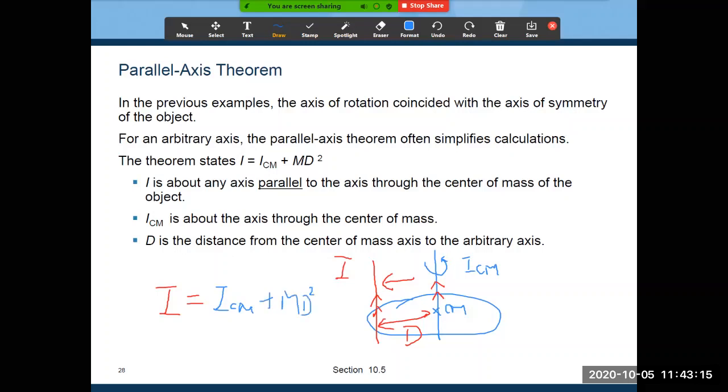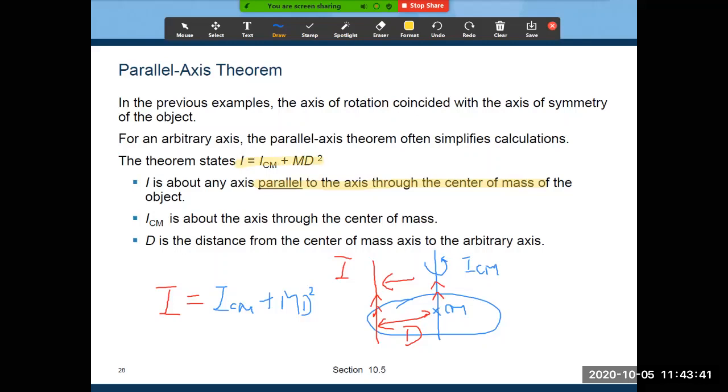M is the total mass of the object. d is the distance between the two axes, which are parallel to one another. This is very important: the two axes must be parallel to the axis through the CM. In that case, you could use the parallel axis theorem. The parallel axis theorem is this one.